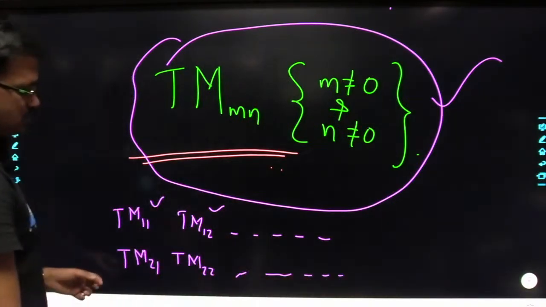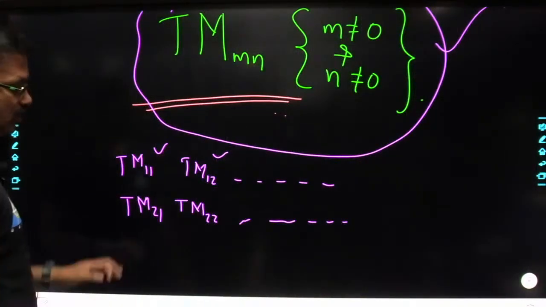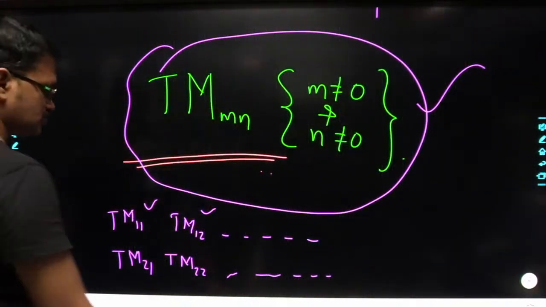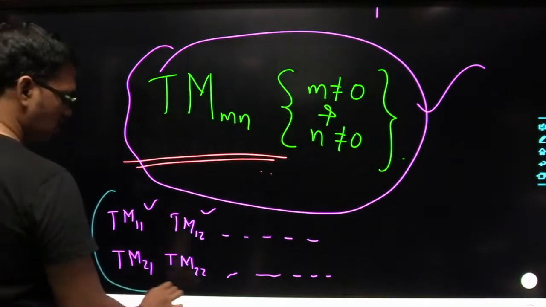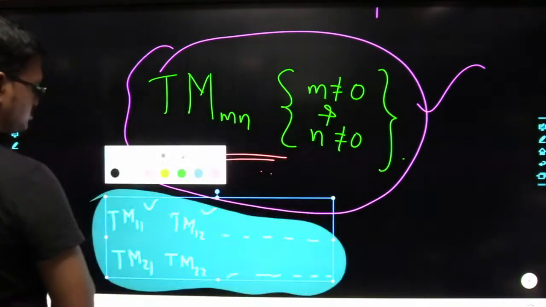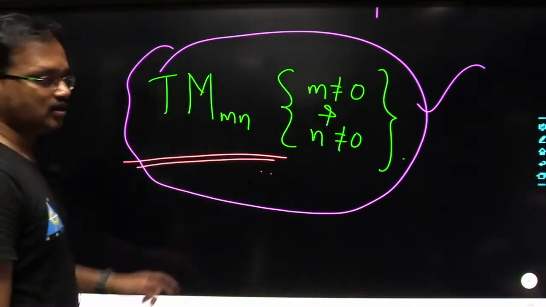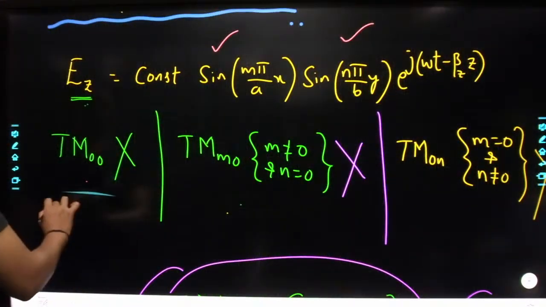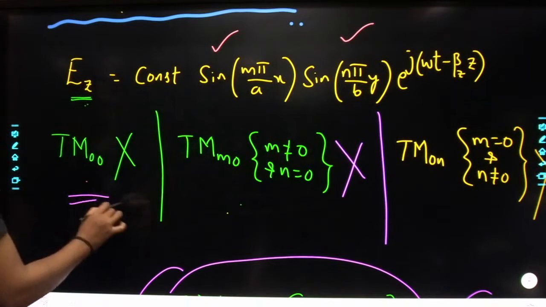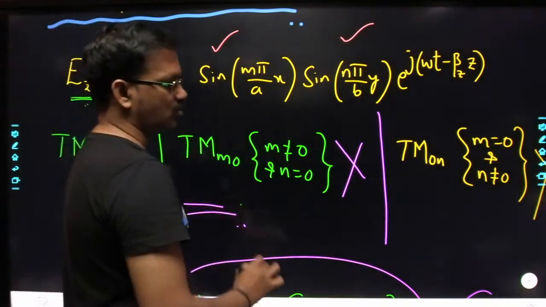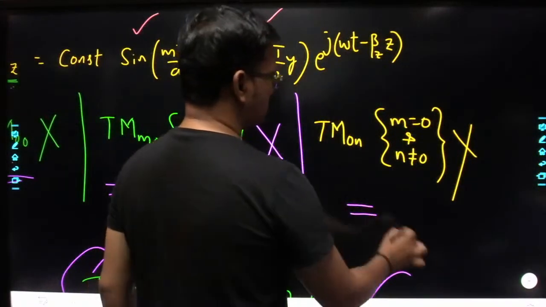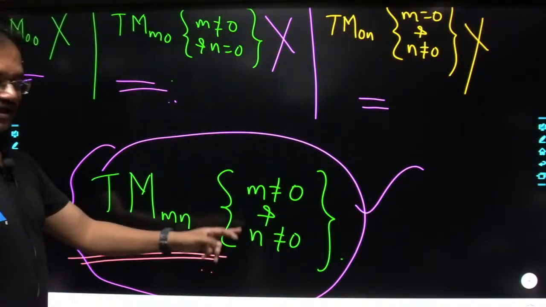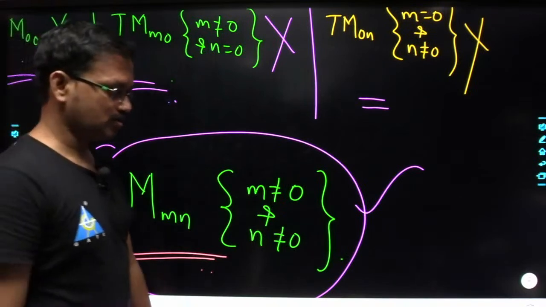All these modes are also possible, right? So all the modes for which m not equal to 0 and n not equal to 0 are possible in case of TM mode. So what are the modes that are not possible? TM00 mode is not possible, and TMm0 mode is also not possible, and TM0n mode is also not possible, and TMmn mode is possible where m not equal to 0 and n not equal to 0.